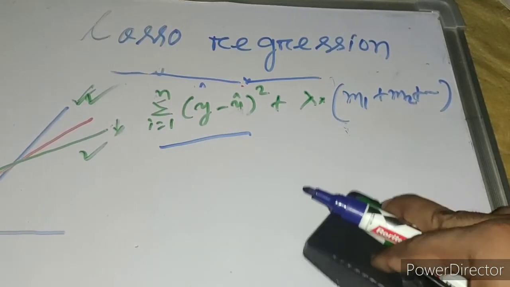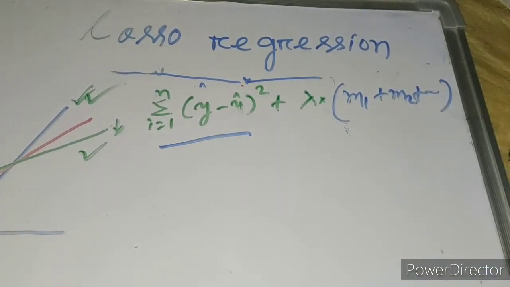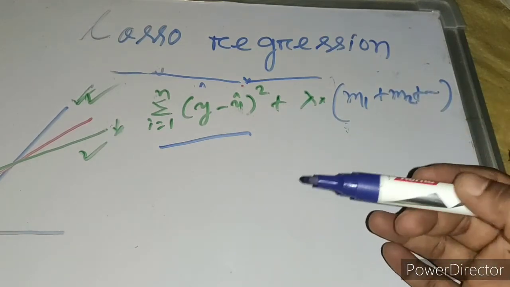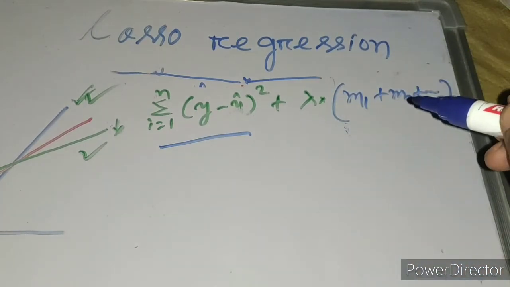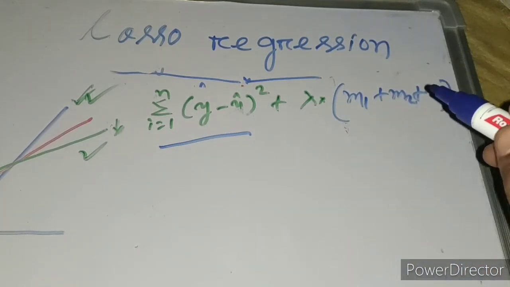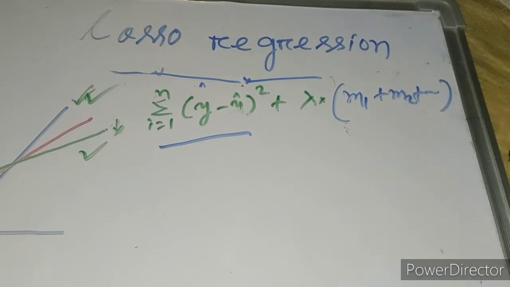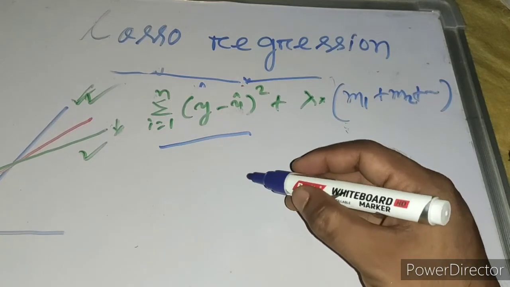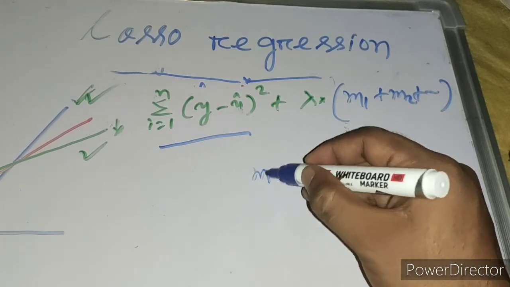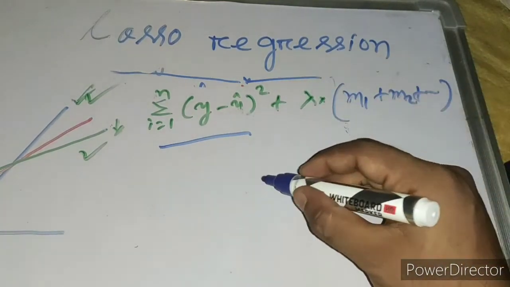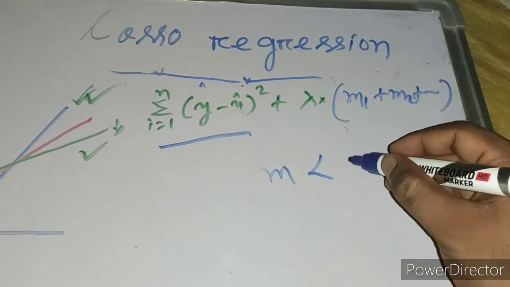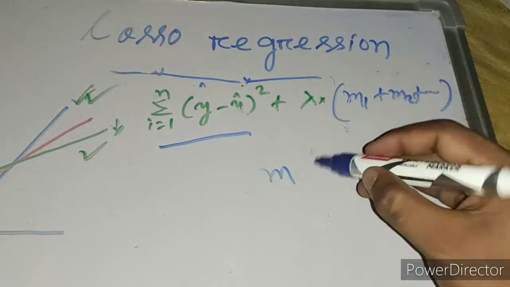The question appears, why lasso? If it is so similar, why can we not use ridge? What is the special quality of lasso regression, and how is it different? The difference is, in ridge regression the squaring is happening, that's why the m value never turns to 0. It is not equal to 0.